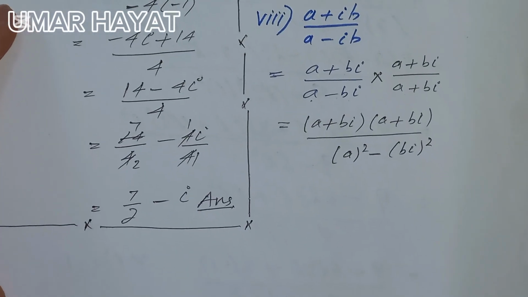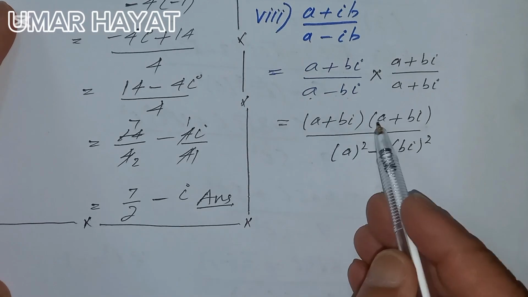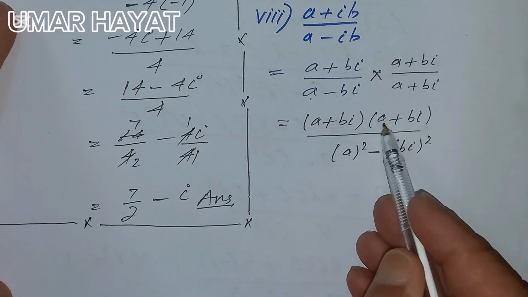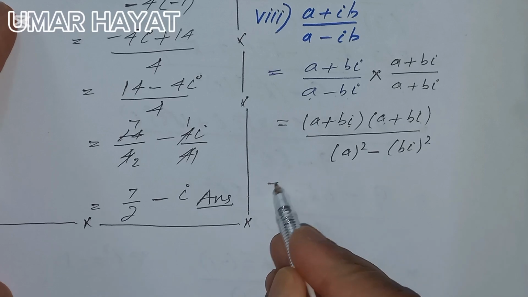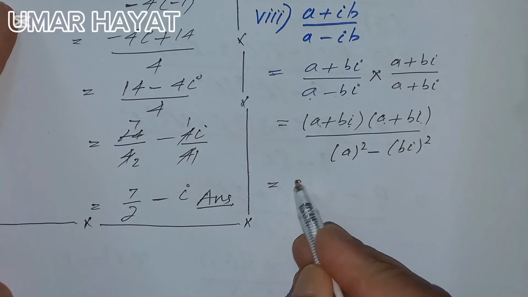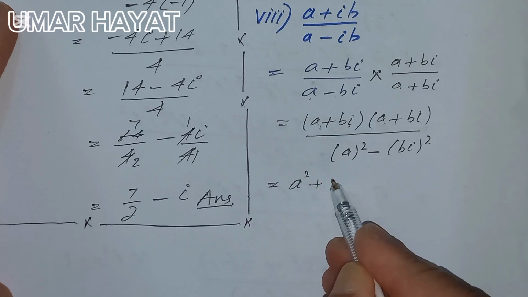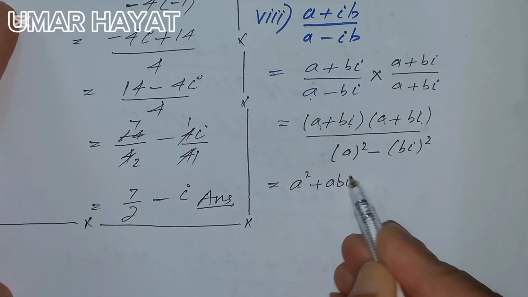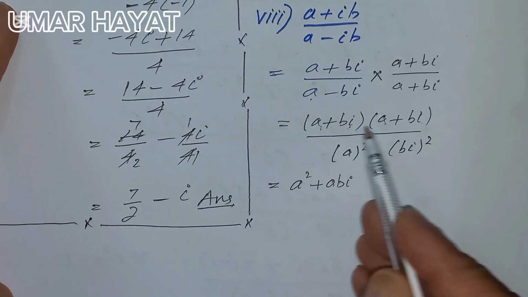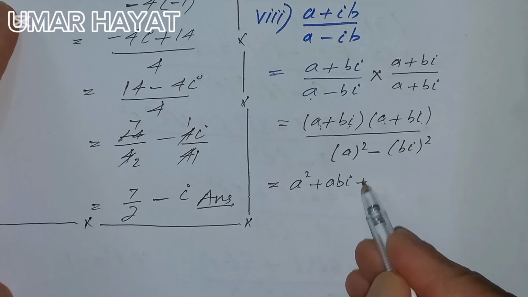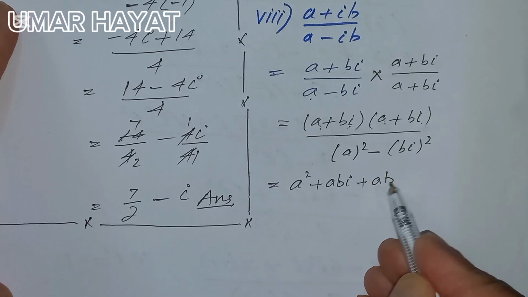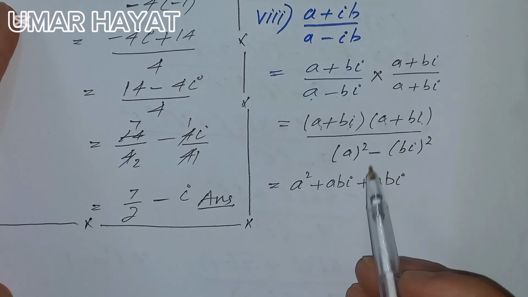Now numerator multiply with numerator, we will multiply a with (a + bi) and bi with (a + bi). So a multiply a is a square, a multiply bi, the answer is abi, and when we multiply bi with a, the answer is the same, abi or bai is the same thing.